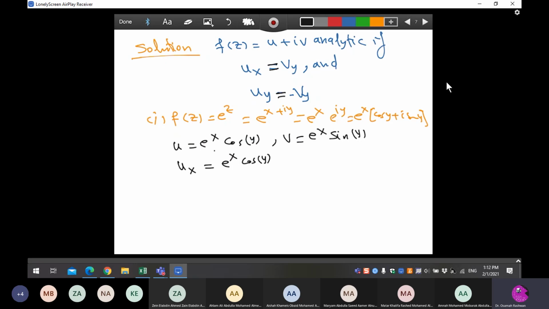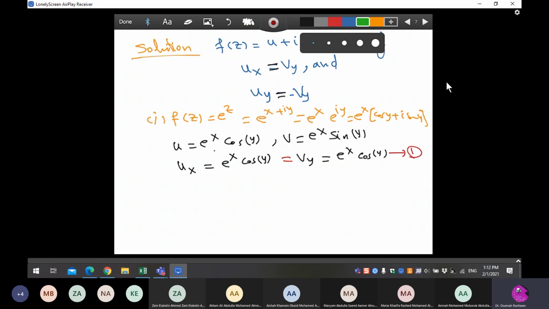Okay, ux and vy equal to what? e to the x is constant, differentiating with respect to y, so it will be cosine y. Do you think this is the same? It is the same? Yes, so I have to mention this one. This is equal, this is number 1.